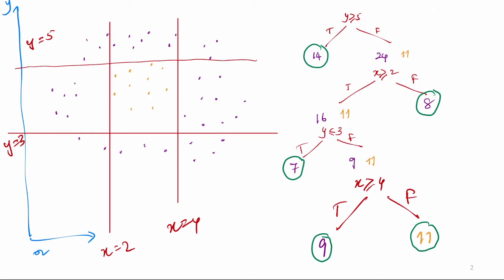As I mentioned, the hard part is actually figuring out how to draw these lines. So how do we do that? This is where we need to look at this concept called information theory. So let's look at information theory then.